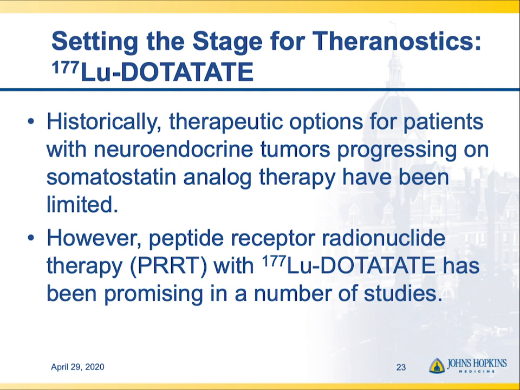We've done this forever with thyroid cancer, where we image with I-123 and then we treat with I-131. But what gallium dotatate has opened up is treating patients with lutetium-177 labeled dotatate, or Lutathera, which is also now FDA approved in the United States.